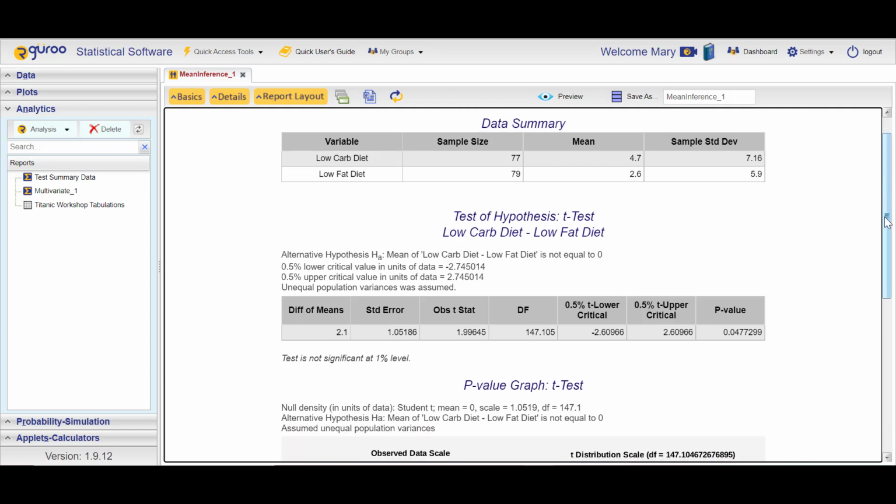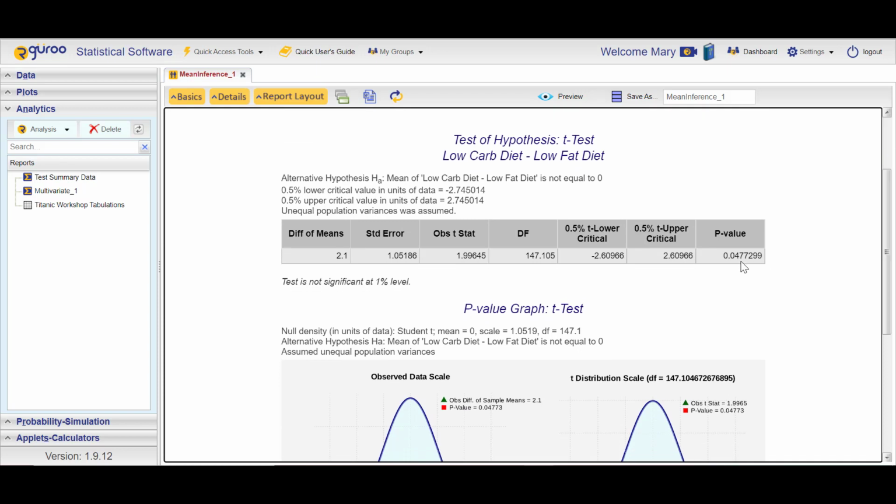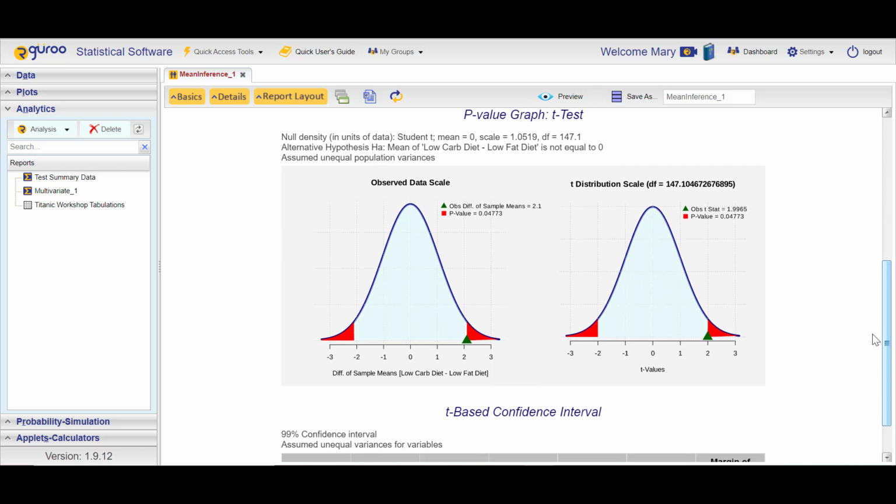All right, so you'll notice some of the same things in the data summary. You'll notice there's 2 rows, and that's because we have 2 samples. This is a sample for the low carb diet and for the low fat diet. If we go to the next row, you're going to see the test statistic, but what we're really looking for is the p-value, and you can see where they've also graphed the p-value.